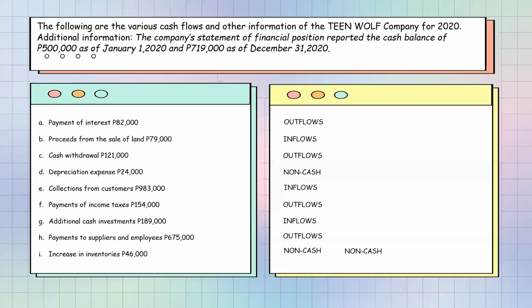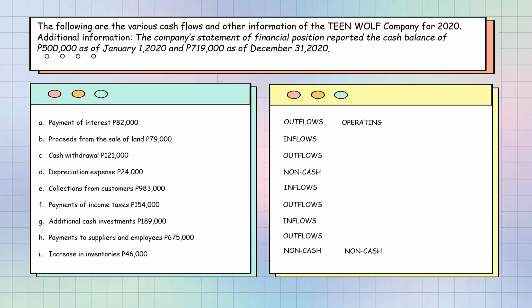So, after natin ma-determine if cash inflows ba siya or cash outflows, ang susunod naman natin gagawin is i-classify naman natin siya if operating activity ba or investing activity ba or financing activity ba. So, sa letter A, syempre, that is an operating activity.